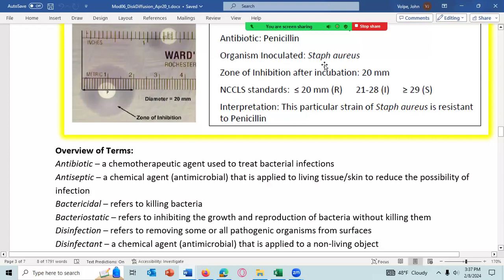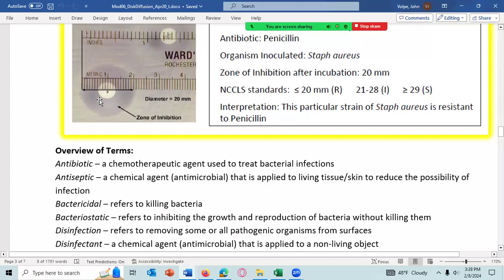And for Staphylococcus aureus, for penicillin, I forgot to mention the antibiotic here is penicillin G. It says that if the zone of inhibition is 20 millimeters or less, it's considered to be resistant to this antibiotic.